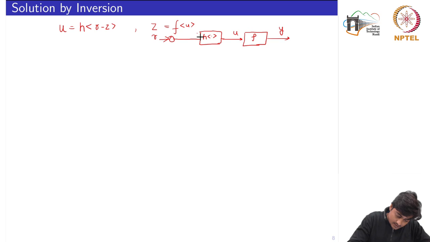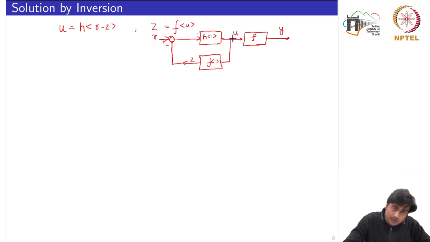So this is our reference signal, and we define a representation of the plant which is represented by this function f, and this part is z. Okay, and it is being fed to here. So here we have plus minus z.